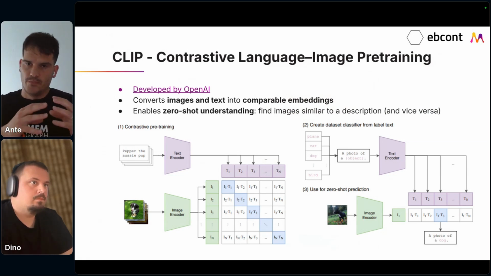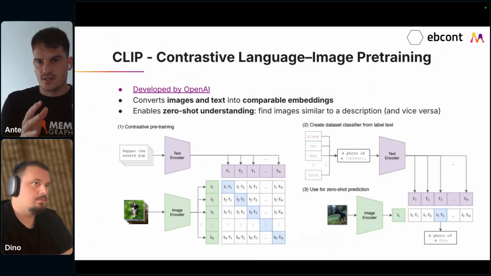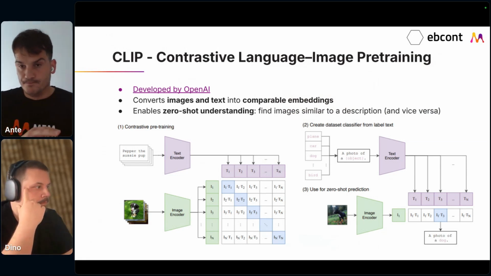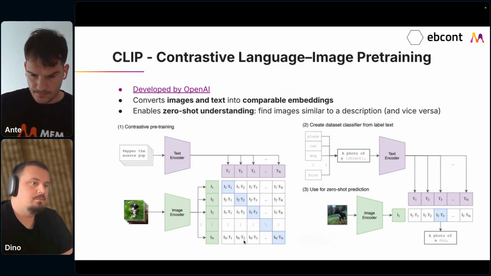Most neural nets can only understand the classes they were trained on, and they cannot understand something outside of that scope. Zero-shot understanding essentially enables you to give some output no matter the object that came, and it will have some understanding given the text or an image.